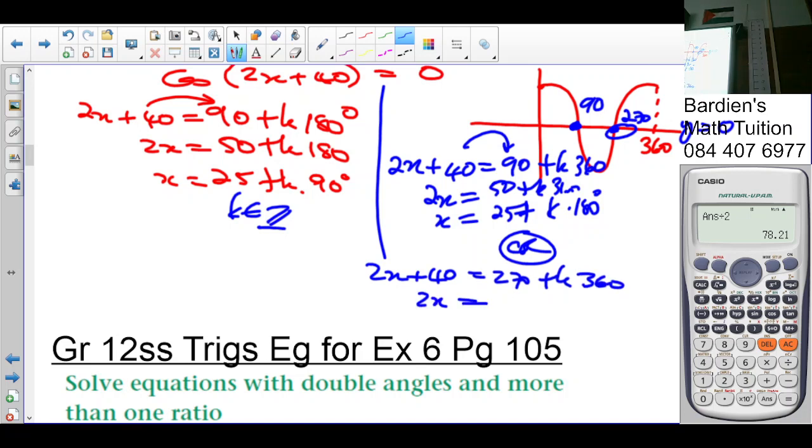So 2x is equal to 270 minus 40, which is 230, plus k times 360, divided by 2, is going to give you 115 plus k times 180, where k is an element of integers. If you don't see that it can be written as 90 plus k times 180, you can write both branches, you'll still get the full mark. Okay, you guys understand?